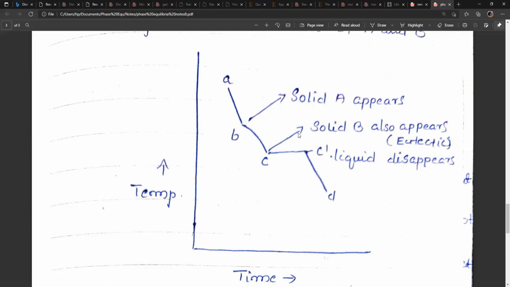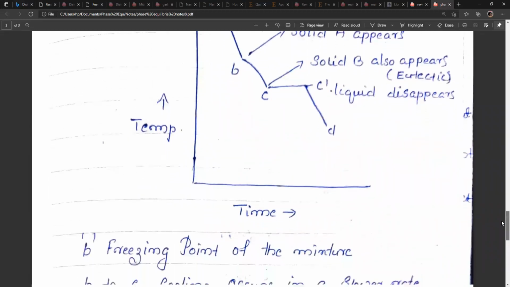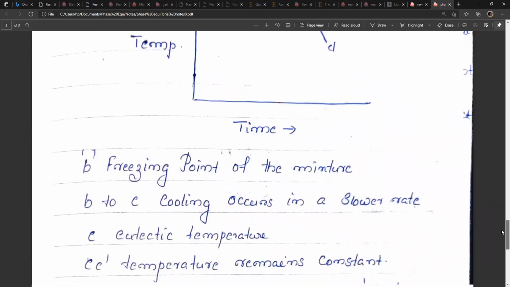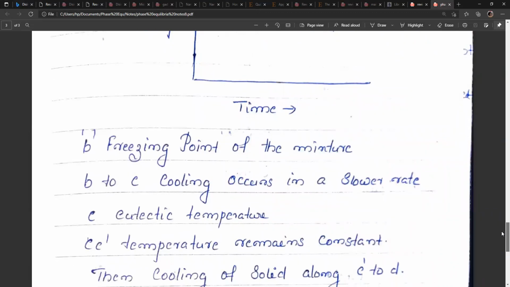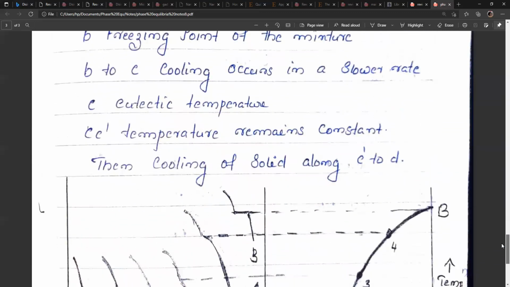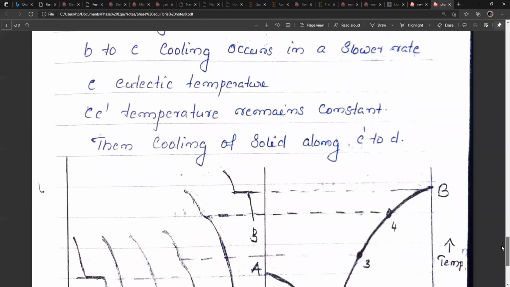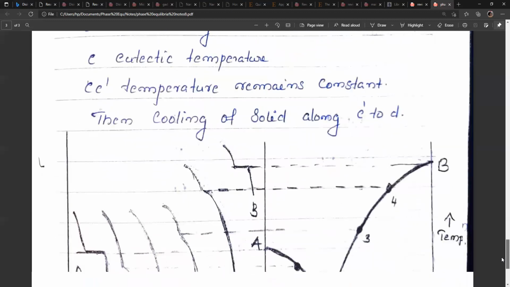Then the temperature remains the same till all the liquid gets solidified. After that, the system follows C dash D. B is the freezing point of the mixture. From B to C, the cooling occurs at a slower rate, and C is the eutectic temperature. At C dash, the temperature remains constant. Then cooling of the solid takes place along C dash to D.